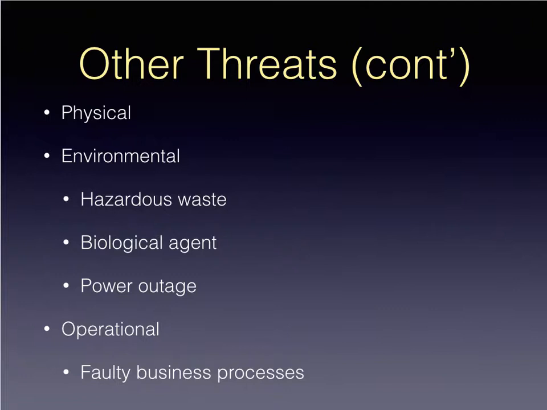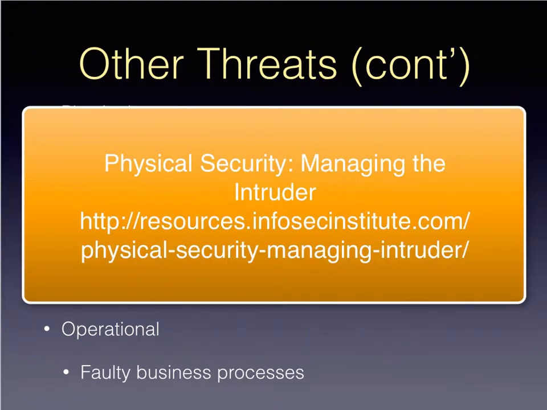Physical access to servers and workstations or to network devices is very, very bad, because in many, many cases, physical access means game over. There are defenses that you can implement for physical security, and a detailed discussion of physical security is included in the chapter at the link shown on the screen.